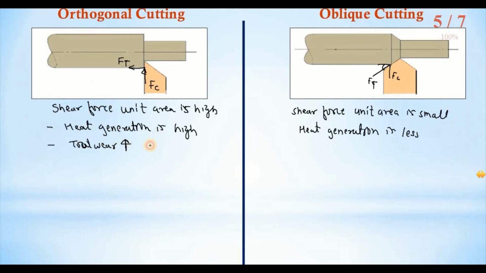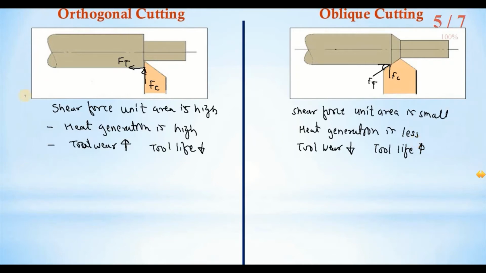If the tool wear is high, then tool life is low. The heat generation is less in oblique cutting, so the tool wear will be less and tool life will be high in oblique cutting.